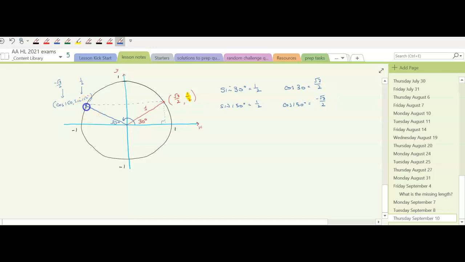So this value of x here is the negative. These distances here and here are equal. So I've just got the negative x coordinate that I had for 30. And so we can just keep moving around the circle in this fashion, whereby all that's changing are the signs.